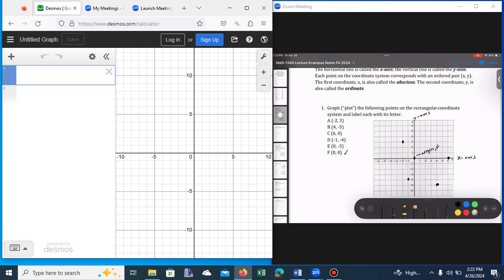And 0, -3 is on the y-axis. Anytime your x is 0, you're on the y-axis.